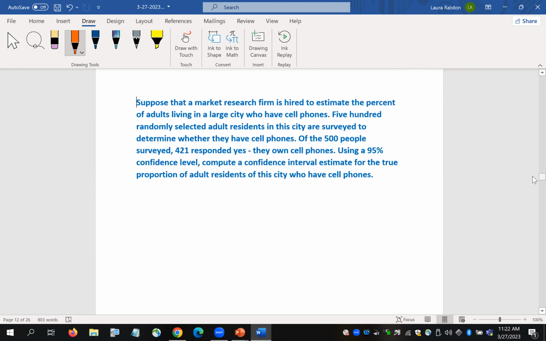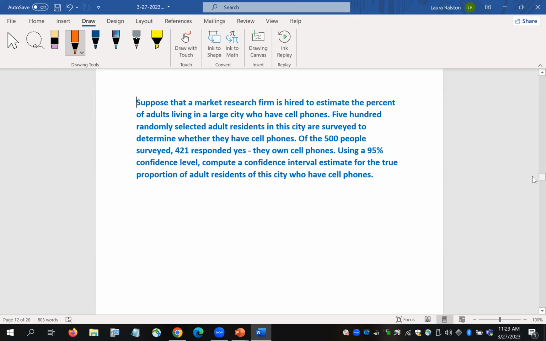Of the 500 people surveyed, 421 responded yes, they have cell phones. Using a 95% confidence level, compute a confidence interval estimate for the true proportion of adult residents of this city who have cell phones.